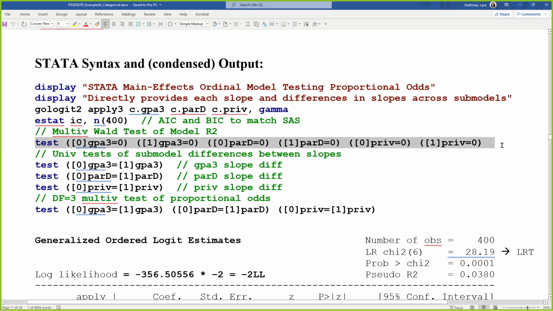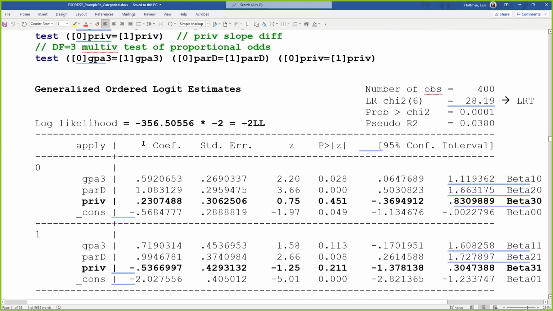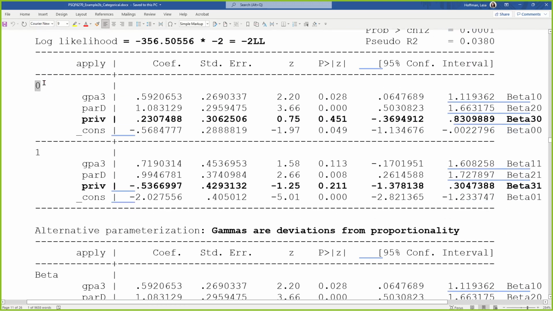So the test statement here is just like the ones that you're used to seeing for lumping together slopes to get a Wald test for the model, with the exception that which submodel it is goes in the bracket part. And this is tied to how Stata labels things. Like in the output below, it labeled the submodel as a submodel for 0, meaning that it's predicting the logit of 1 or 2 instead of 0.